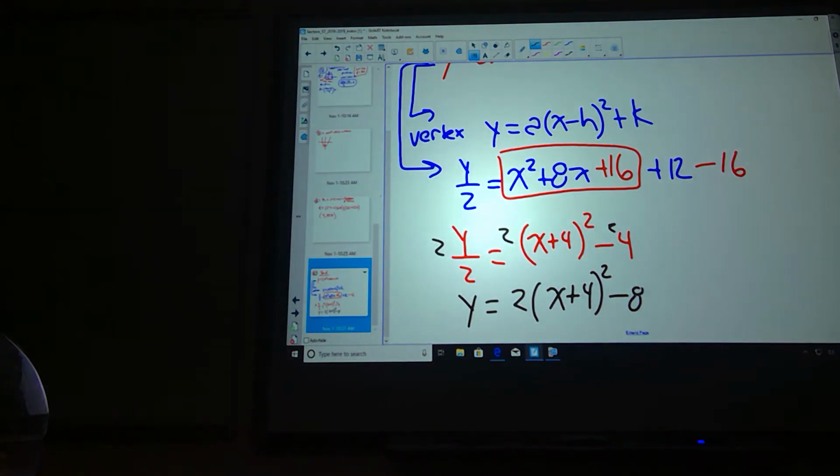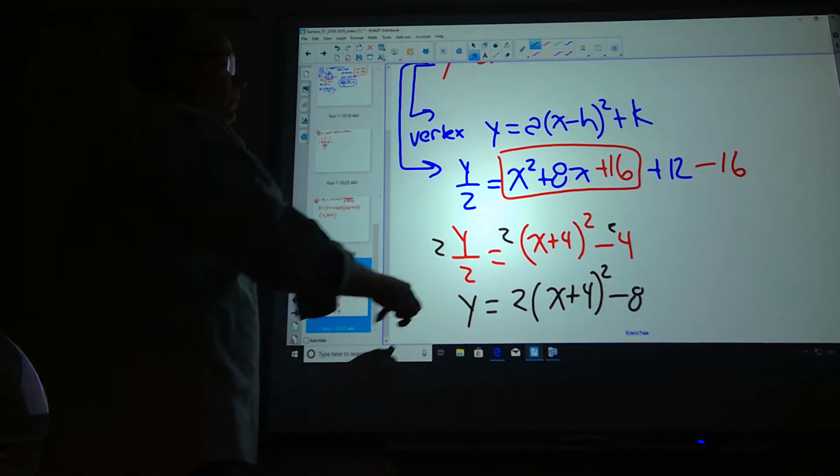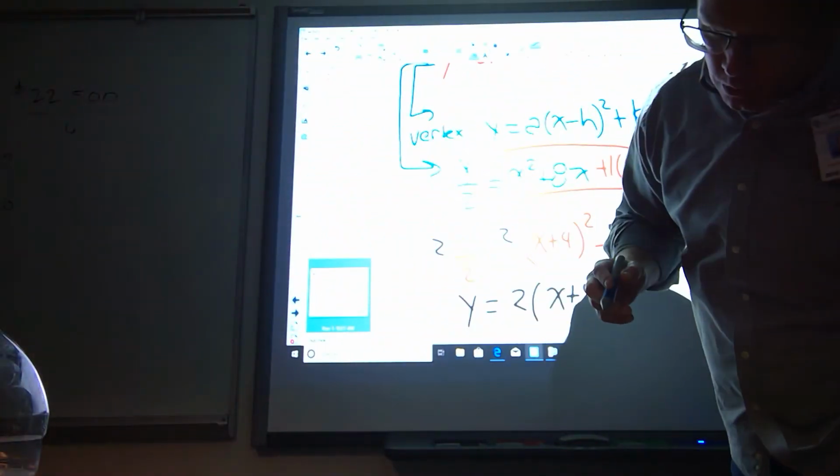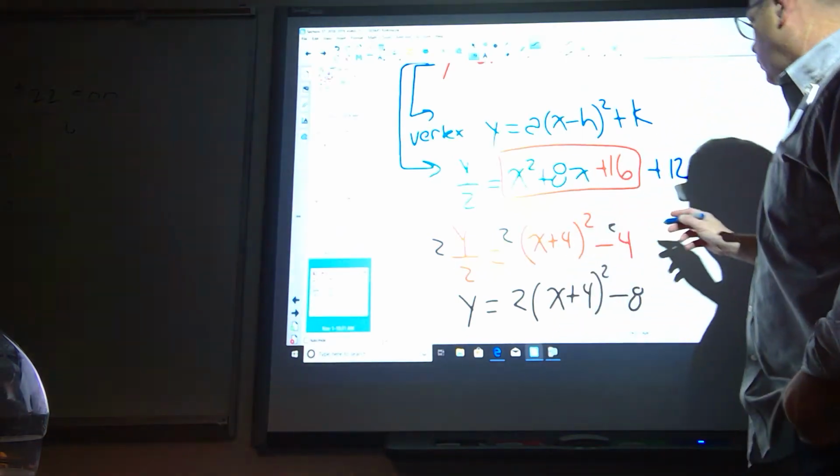Is that okay? Now, since you've already done vertex form, rather than going back to factoring your original, let's put this into factored form.